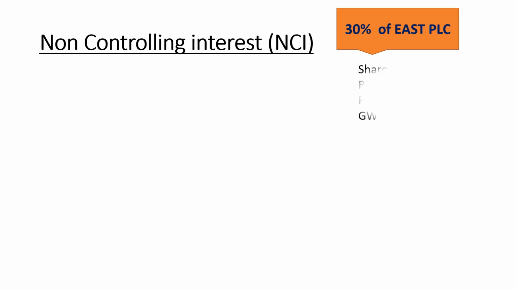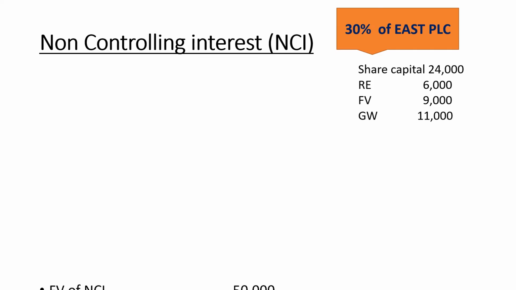Let's calculate the non-controlling interest. We know that South PLC obtained 70% of East PLC, which means 30% of East PLC is relating to the non-controlling interest. So, in the goodwill calculation, we have identified that share capital 24,000, retained earnings 6,000, fair value 9,000 and goodwill 11,000 are related to the non-controlling interest, and it appeared as the fair value of non-controlling interest.